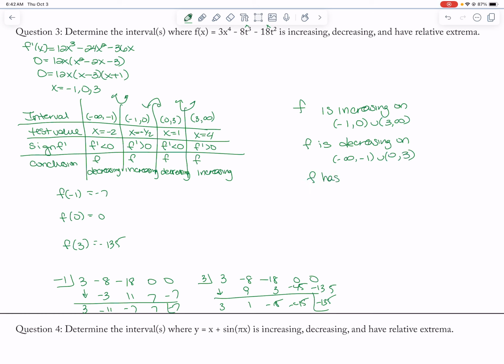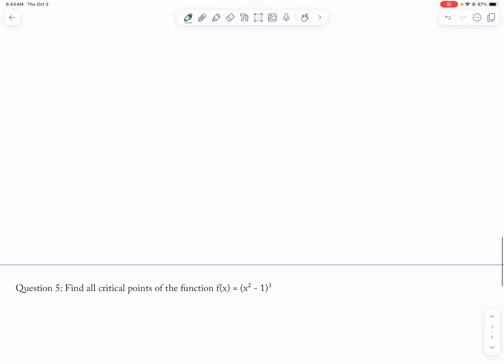F has a relative minimum at negative 1, negative 7, and 3, negative 135, and then f has a relative max at 0, 0.